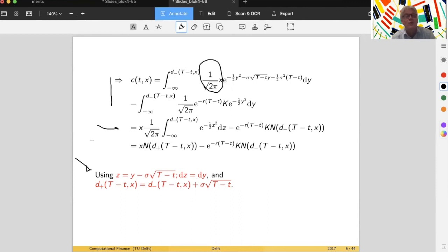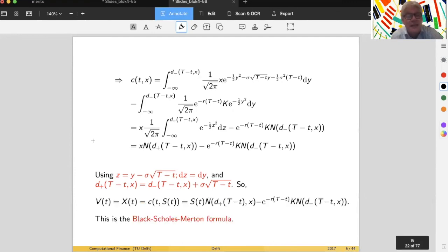So in total, we have now found the option value at any time t prior to maturity time T, for any x, x being S_t. And that is x times the normal distribution with argument d plus, minus e to the power minus r (capital T minus little t) times K times the normal distribution with argument d minus. Now substituting S_t for x gives us the value of the option at any time t.